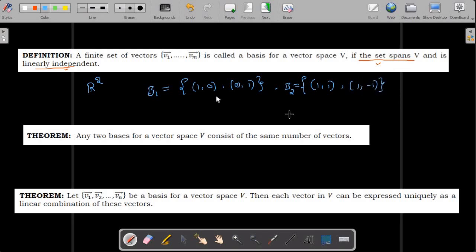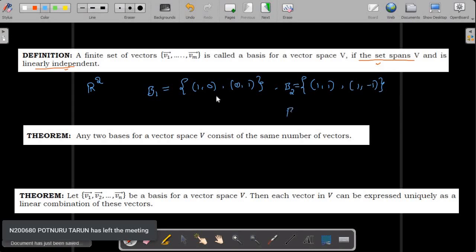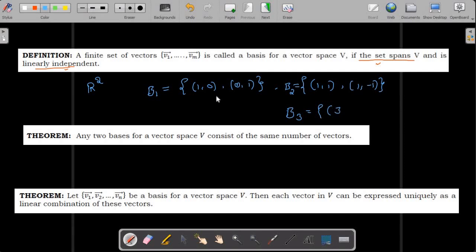This is also a basis set of R2. We can have many more, B3, (3, 1), (-1, 6). These are all basis sets of R2. You can write infinitely many basis sets for R2.